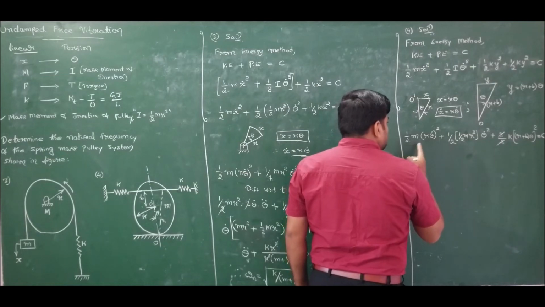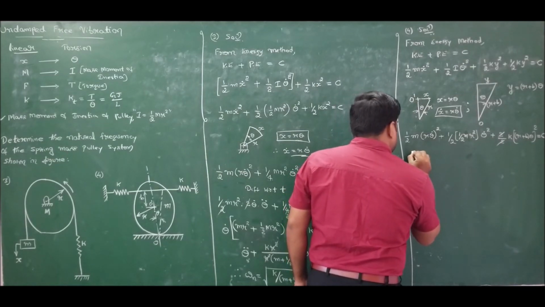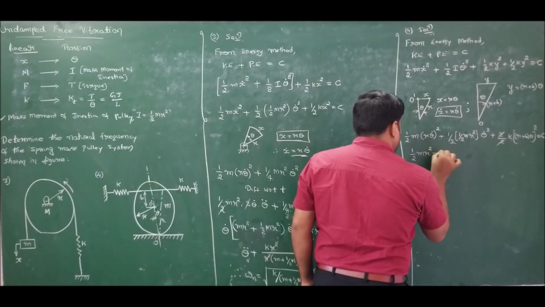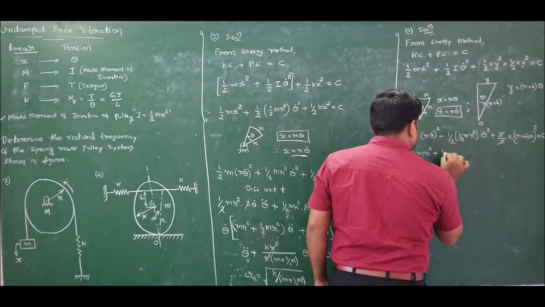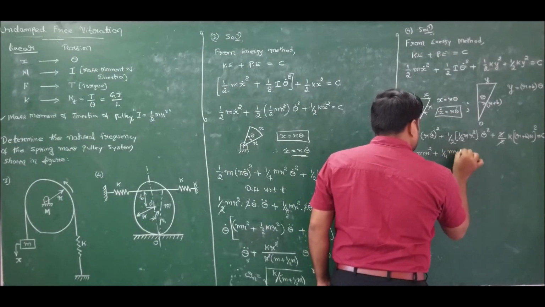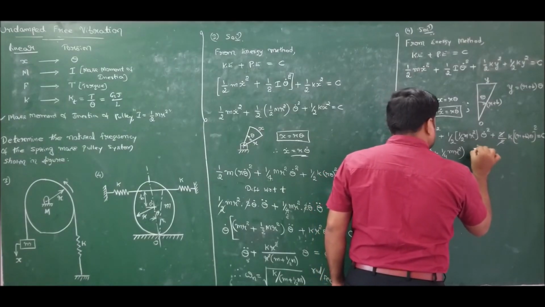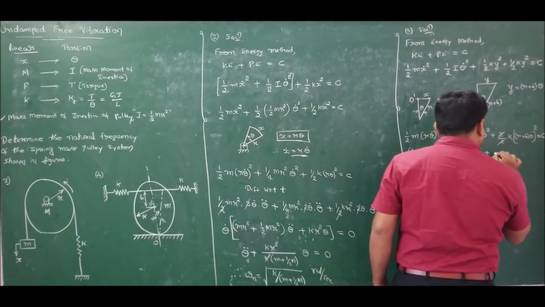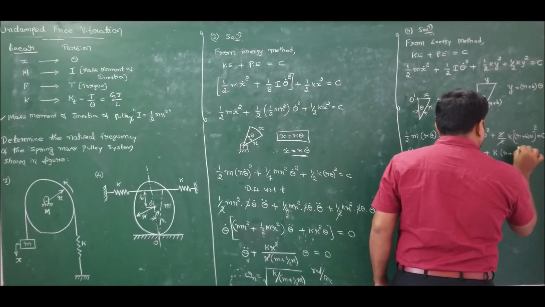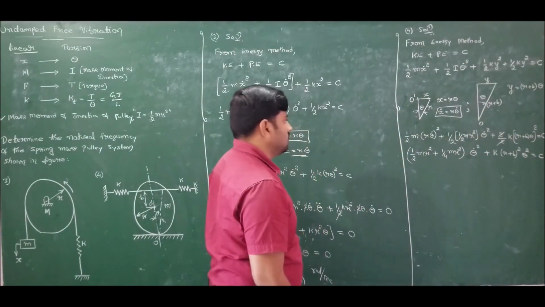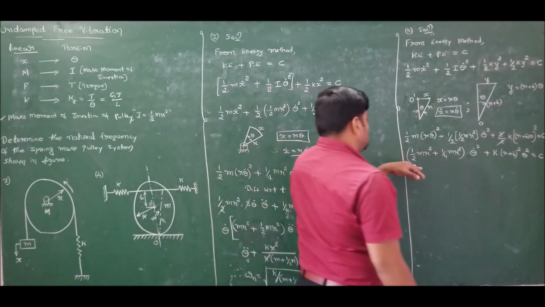Now if I simplify this further, I will end up with half m r square plus 1 by 4 m r square, theta dot square, plus k times (r plus b) square theta square is equal to constant. So how much will this become?